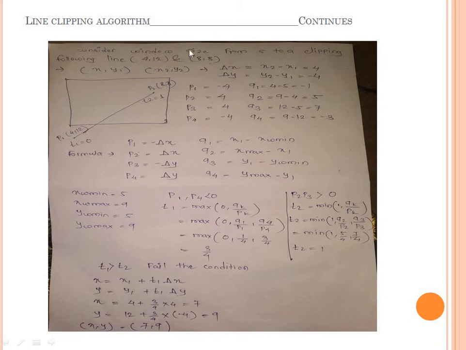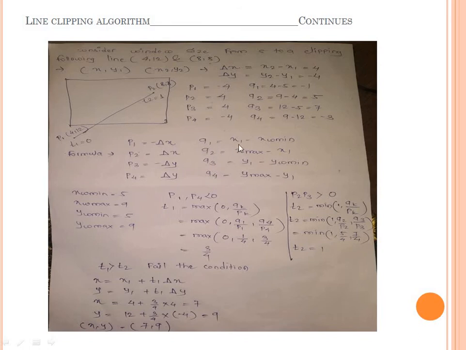Here we are given the clipping window from 5 to 9, where 5 means xw minimum and 9 means xw maximum. Also yw minimum is equal to 5 and yw maximum is equal to 9. So by using these values, we calculate the Q1, Q2, Q3 and Q4 values.